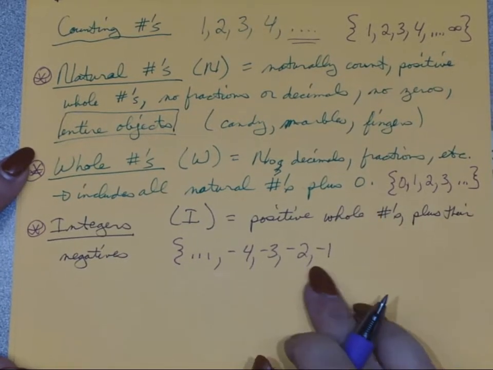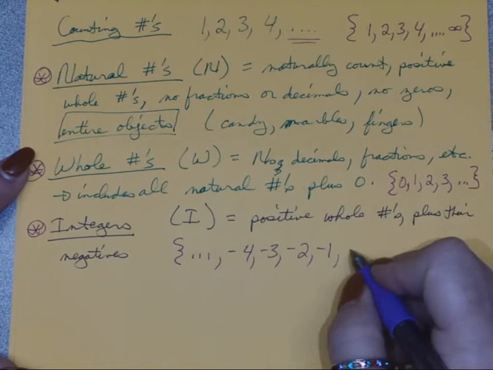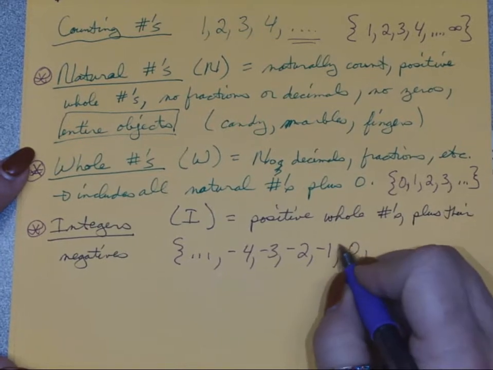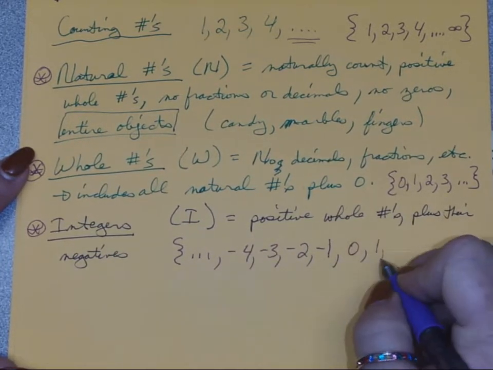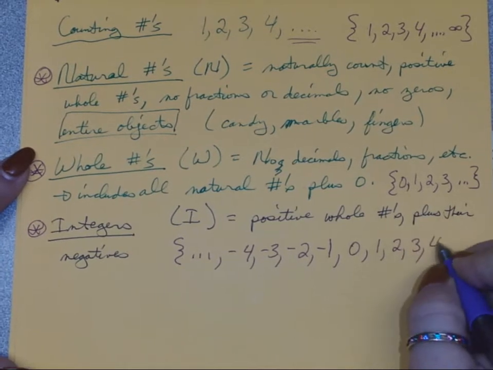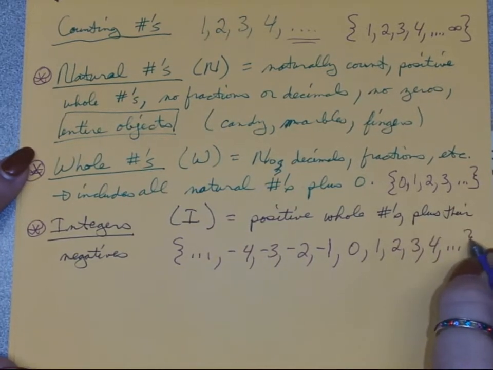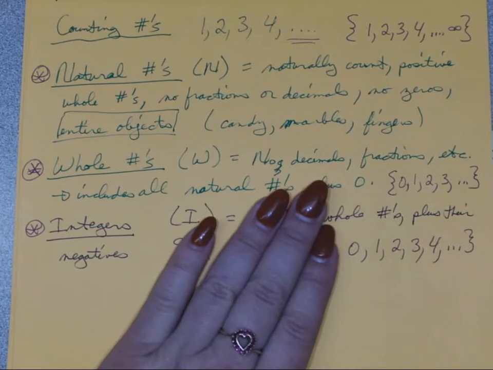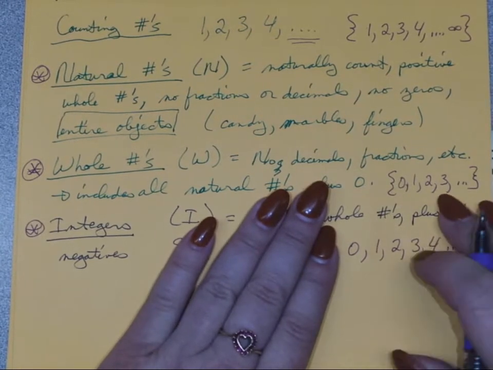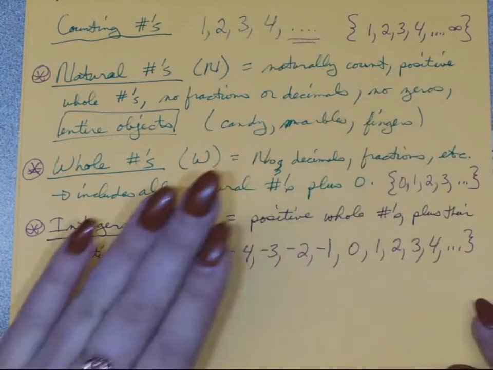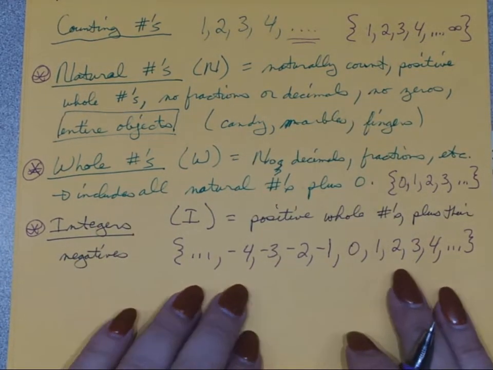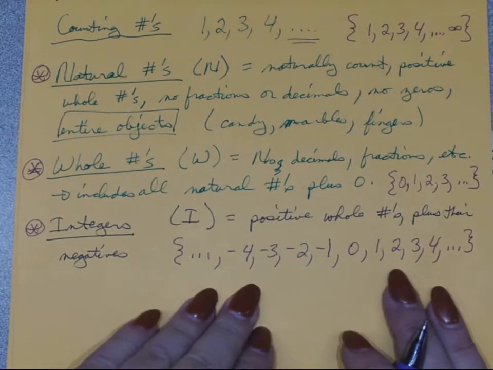See how I'm working my way up the scale? 0's right there, and then I go from negative to 0 to the positives, right? So 1, 2, 3, 4, and then the ... So if I looked right here, I just have all of my whole numbers. If I looked right there, I just have all of my natural numbers. So now I'm in integers, and I have all of these negatives as well.